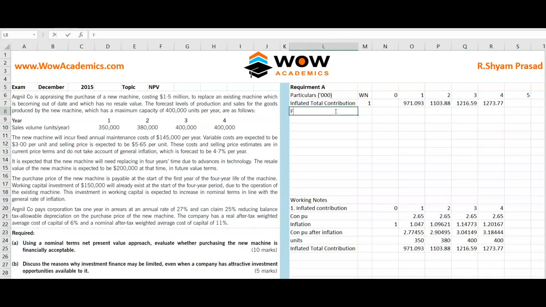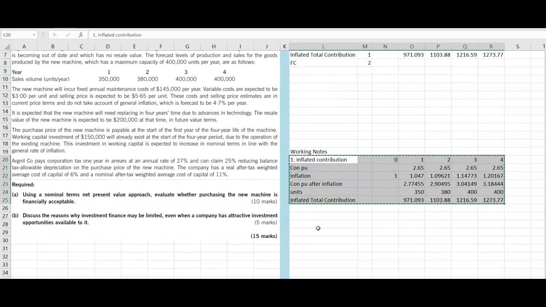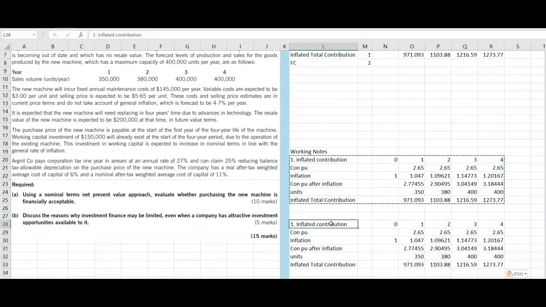The next number is obviously fixed cost. So fixed cost, we'll do it as a second working note. So we'll copy the same numbers and we'll do it for fixed cost. So what we want is inflated fixed cost. It's working note number 2.